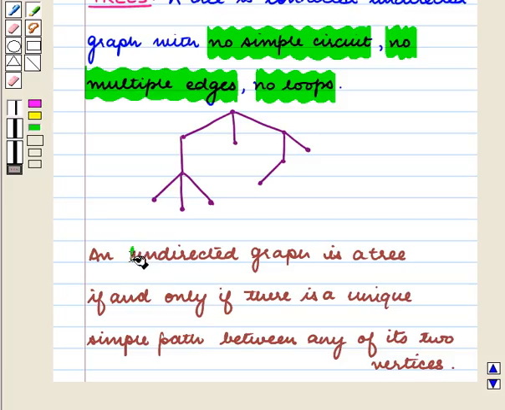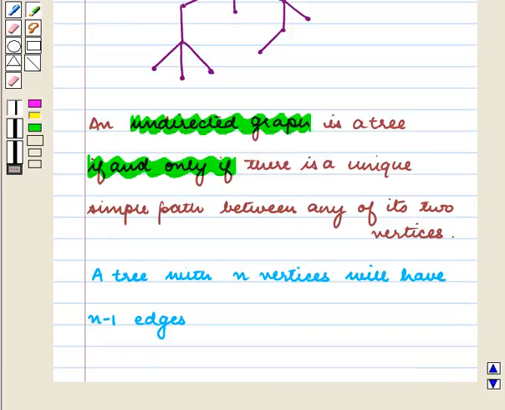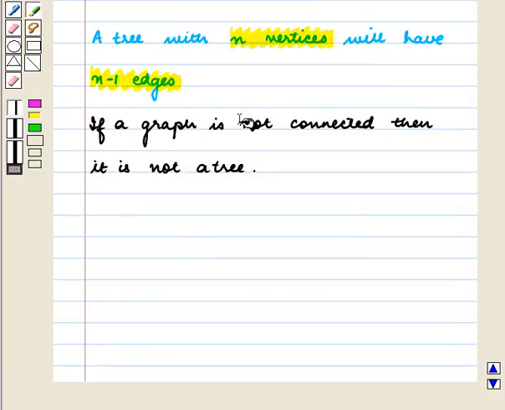An undirected graph is a tree if and only if there is a unique simple path between any of its two vertices. A tree with n vertices will have n-1 edges. If a graph is not connected, then it is not a tree.